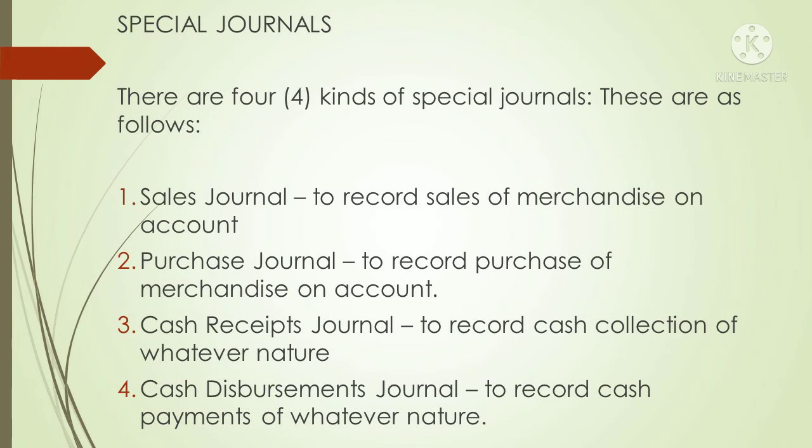Okay, next, special journals. There are 4 kinds of special journals. These are as follows. Number 1, sales journal, to record sales of merchandise on account. No? So, ang business, they are using actually the sales journal, no, nga books, aron i-record ang ilahang mga halin, no, sa ilang business on account or on credit.